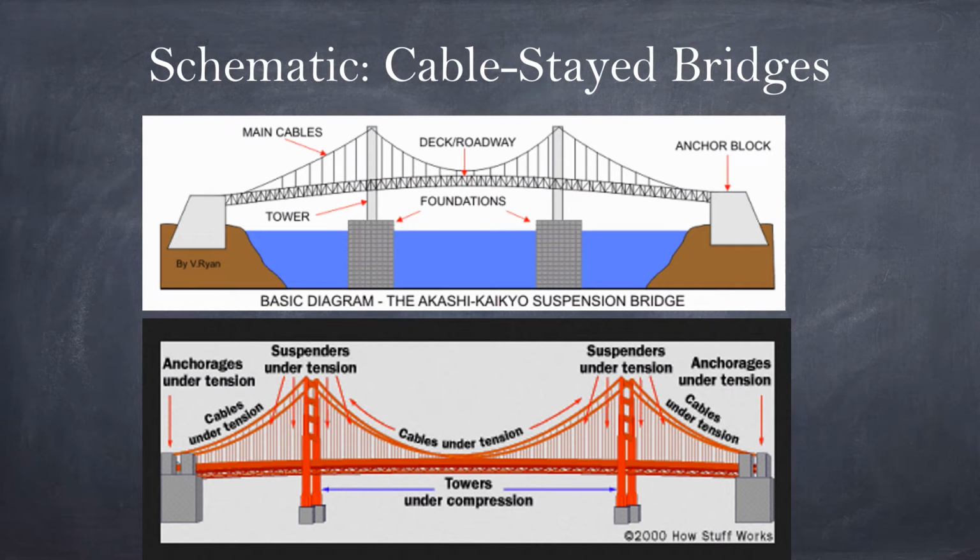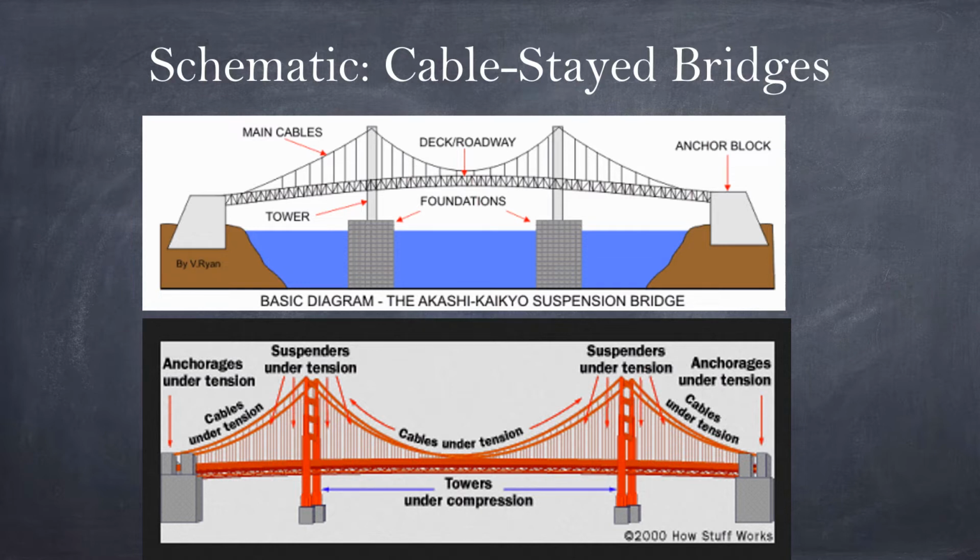These are typical schematics of cable stay bridges. There are different ways to define it, but similar in this approach. There are some anchors on both sides of the banks, also some foundation if you need to support the cable in the middle.